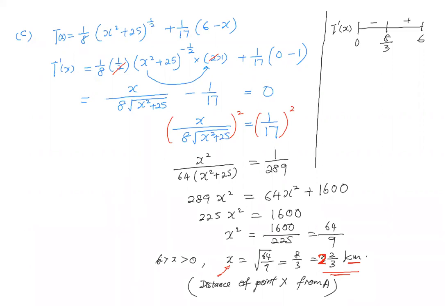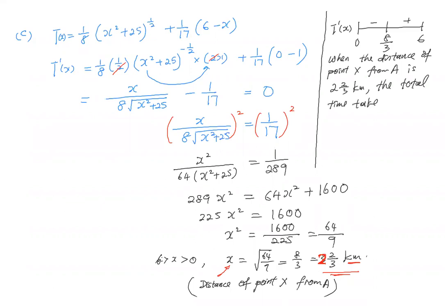Understand that? So when the distance of point X from A is 2 over 3 kilometer, the total time taken to travel from B to C is minimum.